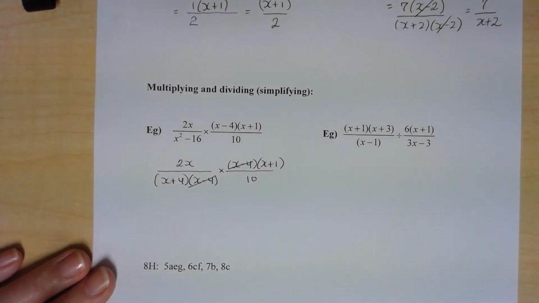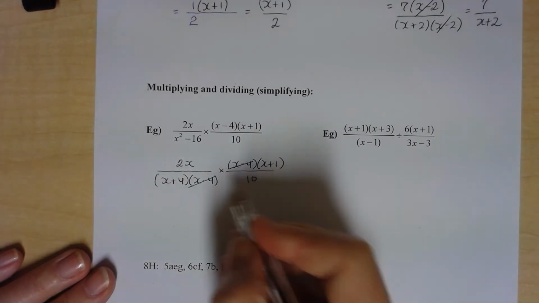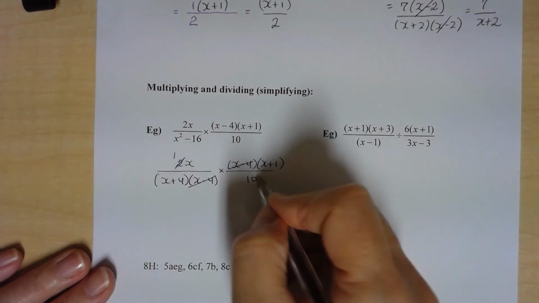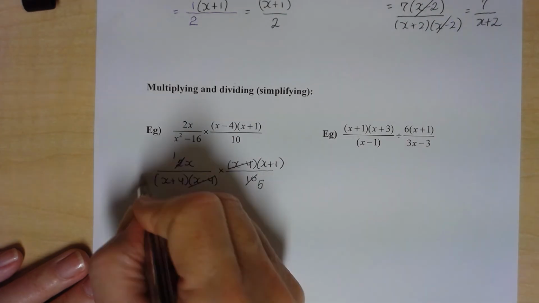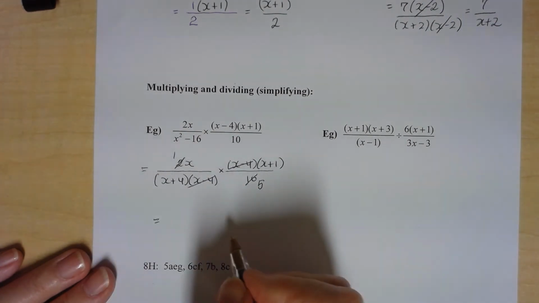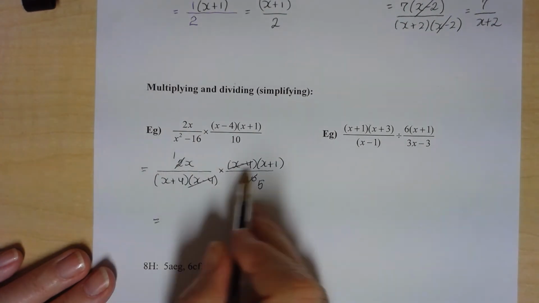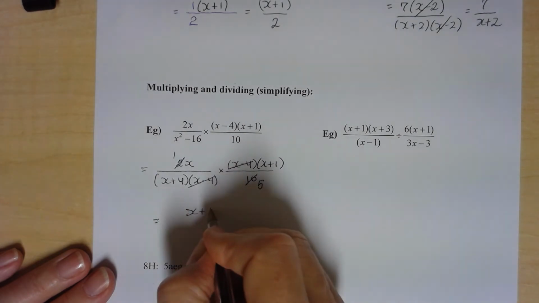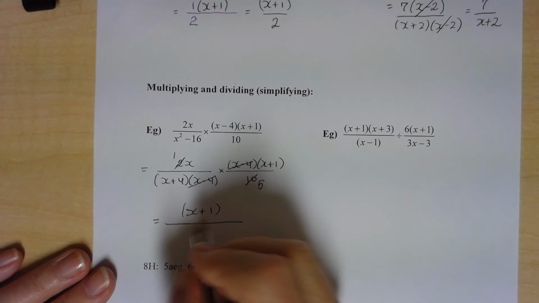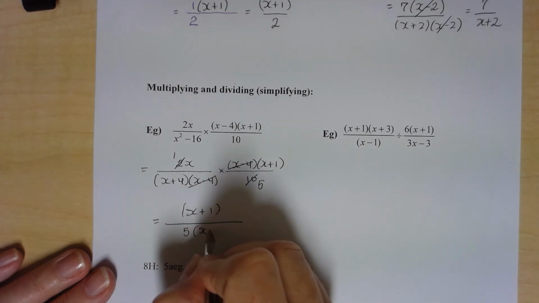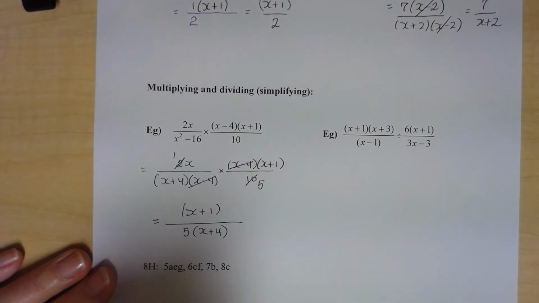These are not the same, so I don't cross them out. And I can say 2 goes into 2 once, and 2 goes into 10 5 times. Those are just numbers. And then I just equals whatever is left over. So there's a 1 there and an x plus 1. Put it in the brackets if you want. And on the bottom there's a 5 and an x plus 4. I think I'll write it like this, but it wouldn't be wrong if you wrote the 5 after the x plus 4. So that's the answer to that one.